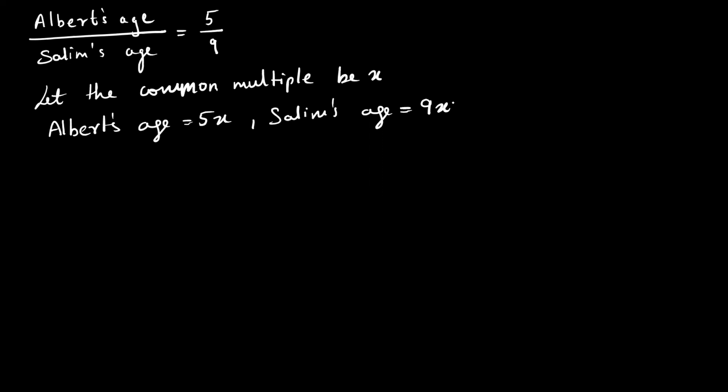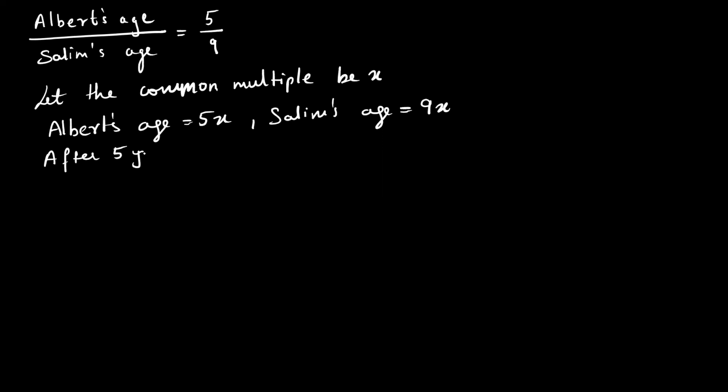Anything else given? Sir, they have said that after 5 years, the ratio 5x and 9x will become equal to 3:5. Okay. So after 5 years का मतलब क्या होगा? 5 years क्या add होगा? To whom? Albert will add 5 or Salim will add 5?